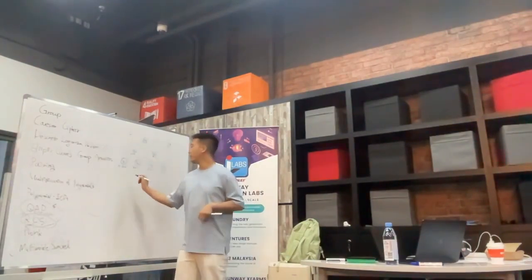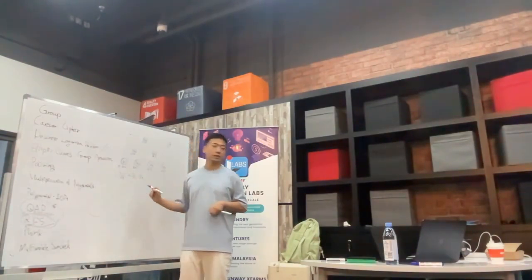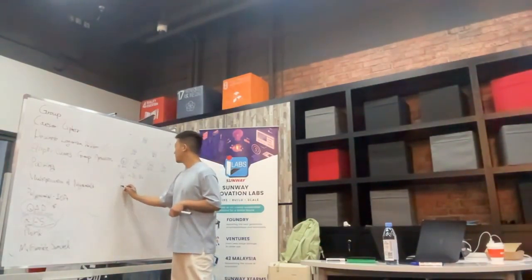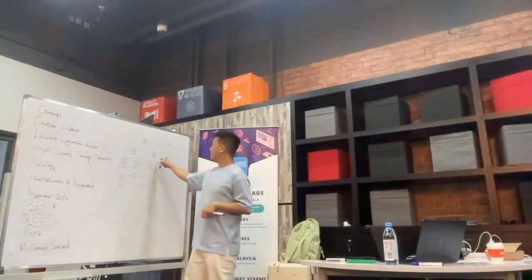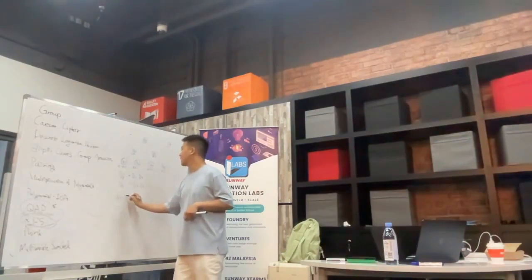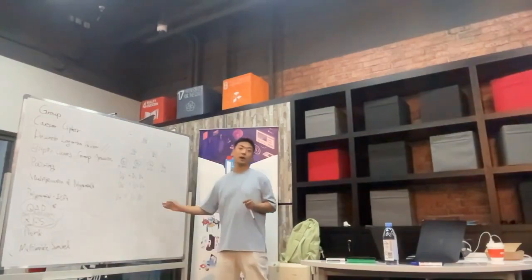Now let's try to define that. I hope v5 equals v1 times v2. I hope v6 equals v3 times v4. And I hope v7 equals v5 times v6. This is what I hope.